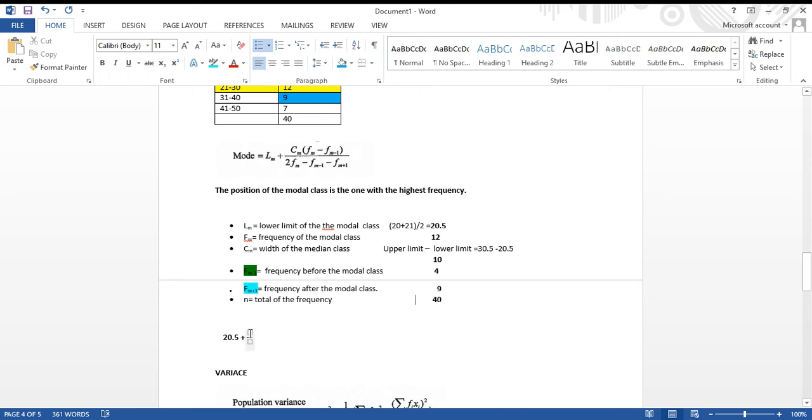The width is 10, open brackets, the frequency of our modal class, 12, minus the frequency before the modal class, 4, divided by, in our denominator, 2 times the frequency of the modal class, 12, minus the frequency before the modal class, minus the frequency after the modal class.